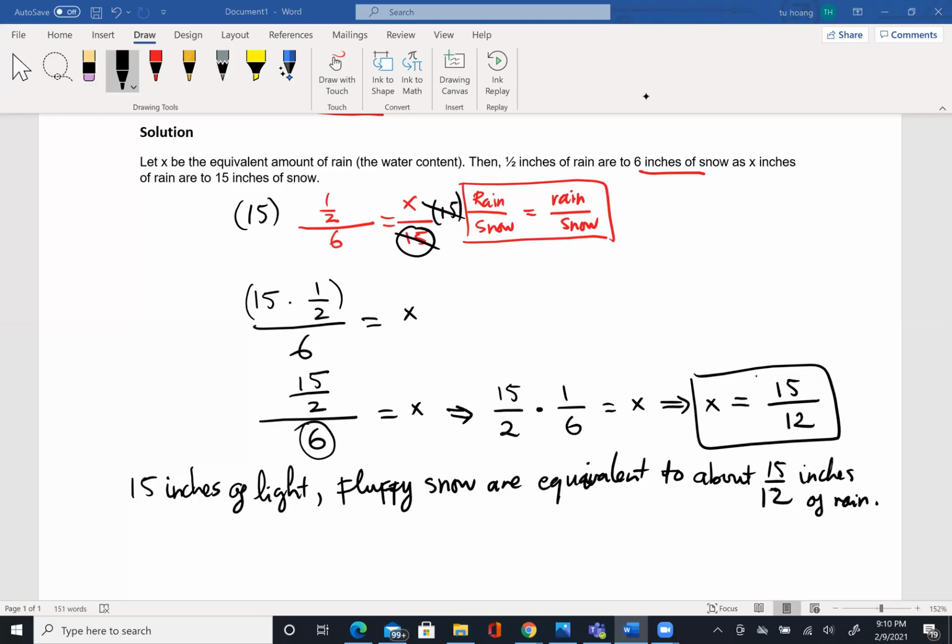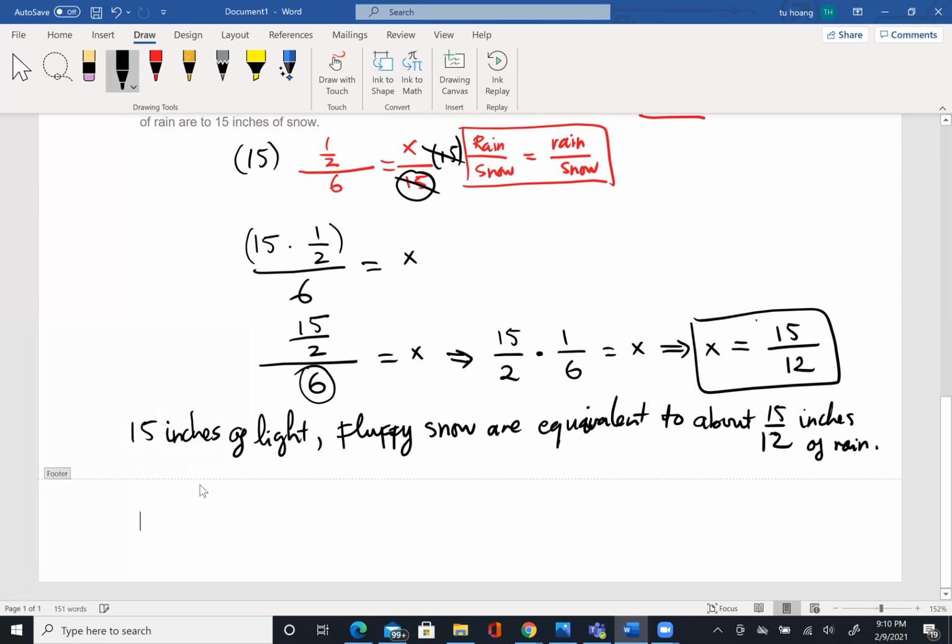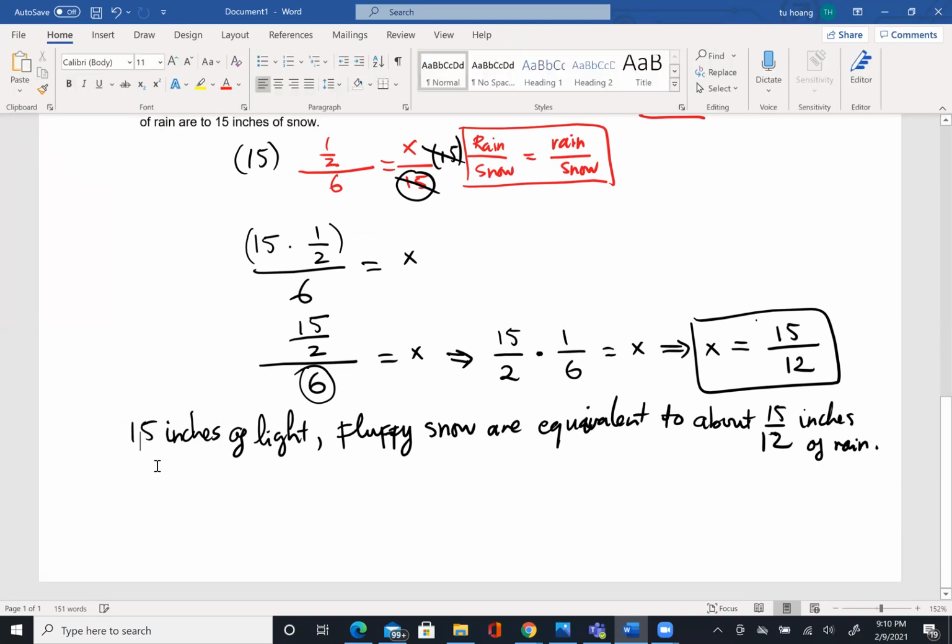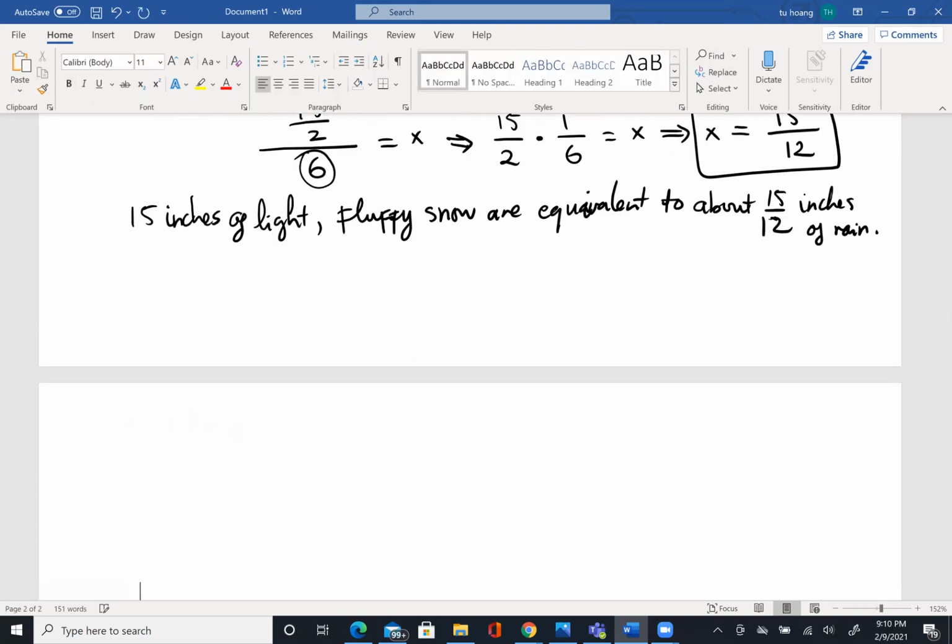Okay, what else do I have? Let me move down here. Okay. So we can apply proportion in a similar triangle.